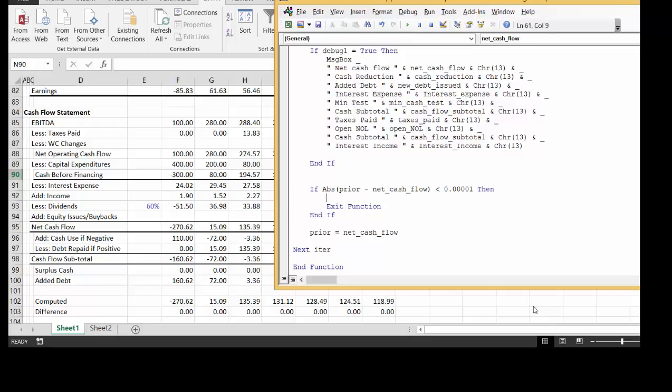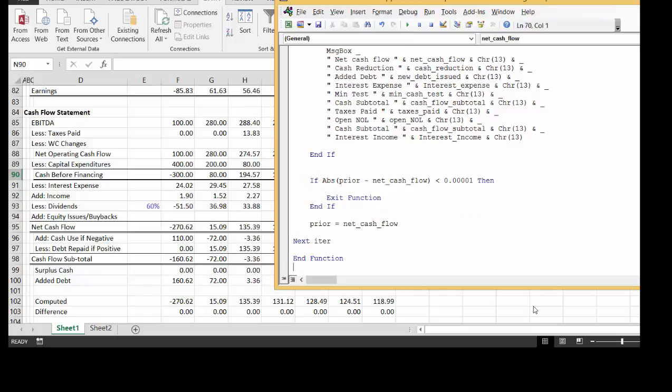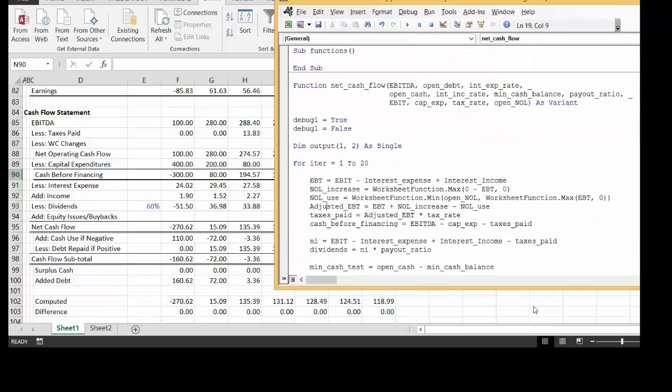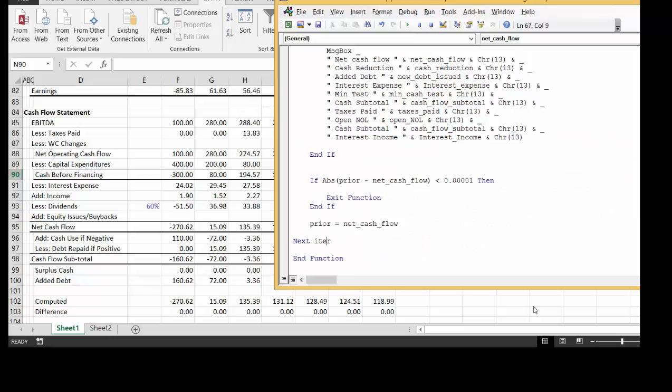But we would put, we named this as net cash flow, didn't we? Okay. I hope we did. Okay, and we put net cash flow equal output 1, but not, what I'm going to change the name of this.